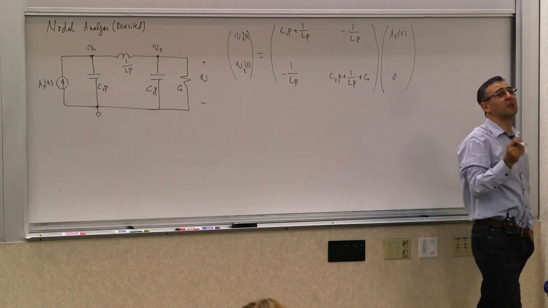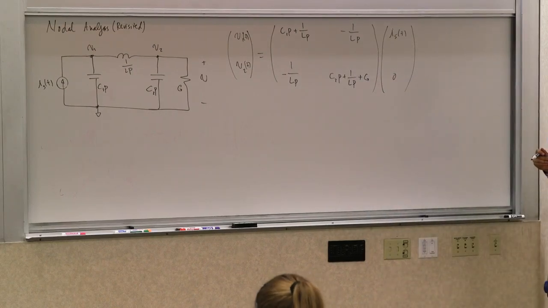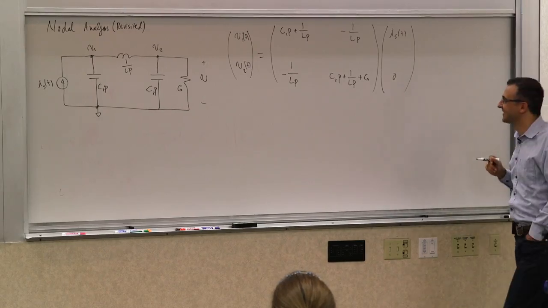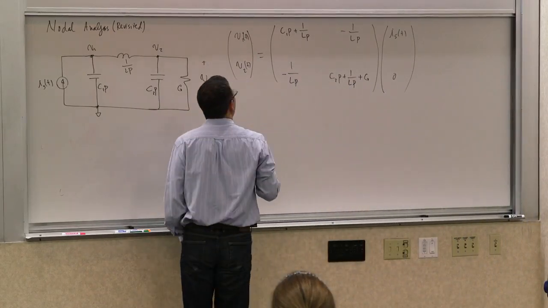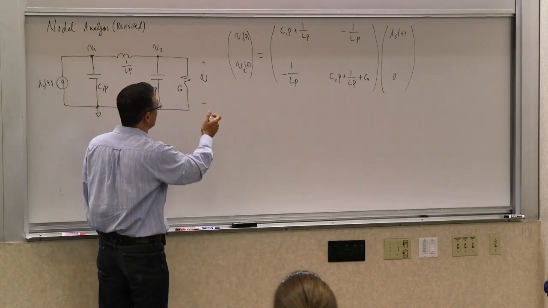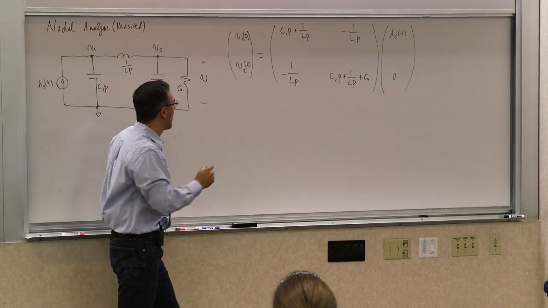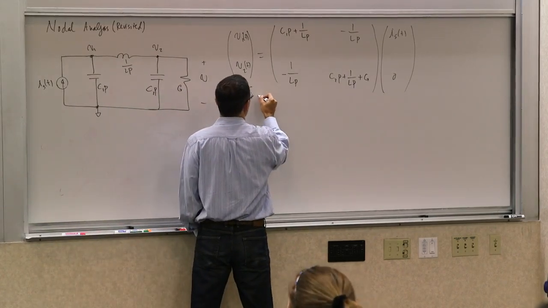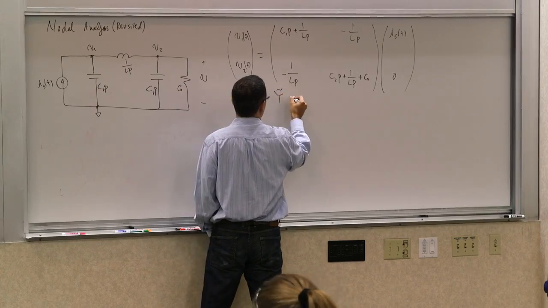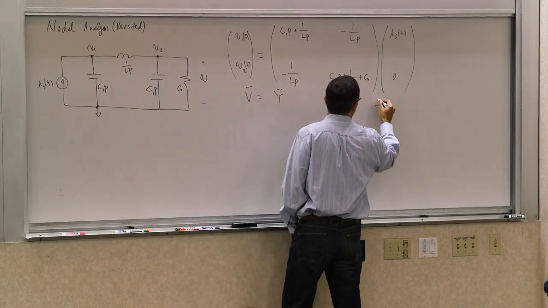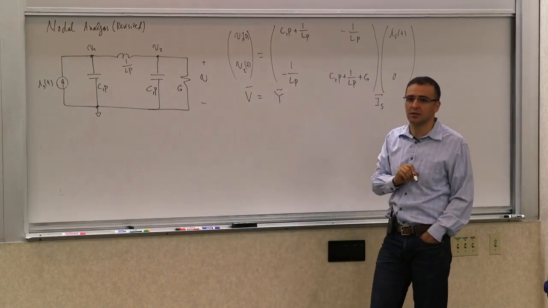Now, in general, if I were to solve this equation, did I miss something? So now how do I solve this? This is the Y matrix. So this is basically V equals Y matrix times IS, the stimuli vector, right?